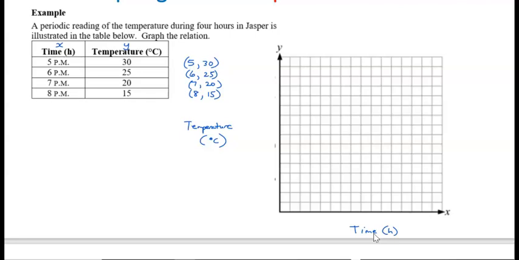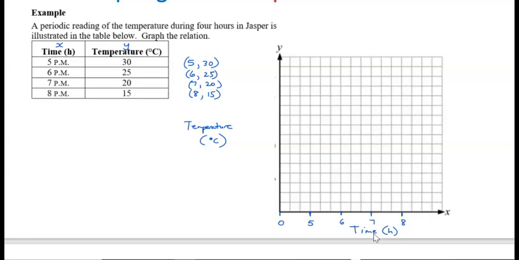I need to get my time 5, 6, 7, and 8. I'm going to go ahead and I'm going to start to just guesstimate where I should put them. So at 5 p.m., I used 3 boxes, 6 p.m., 7 p.m., and 8 p.m. I probably could have spread that out a bit more. This is at 0.